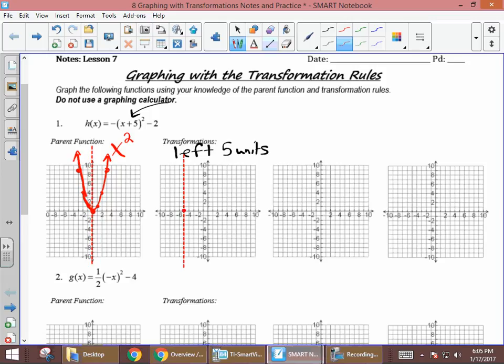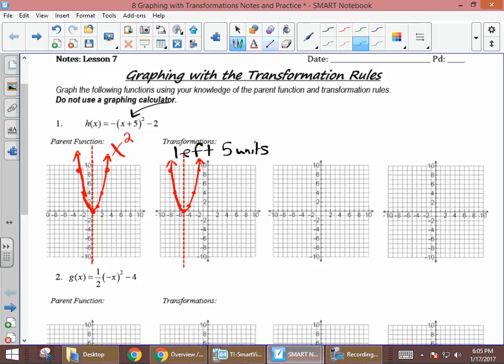Everything else is the same from there. The vertex is right there on the x-axis. Over 1 up 1, over 2 up 4, over 3 up 9. And the same thing on the other side. There we go.